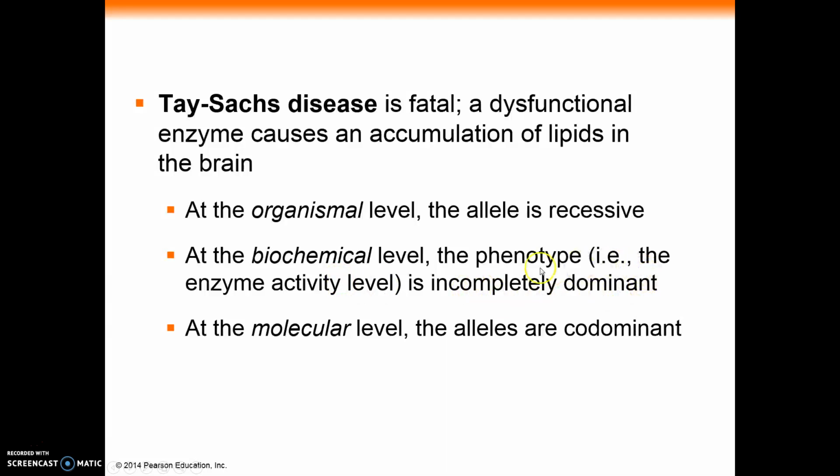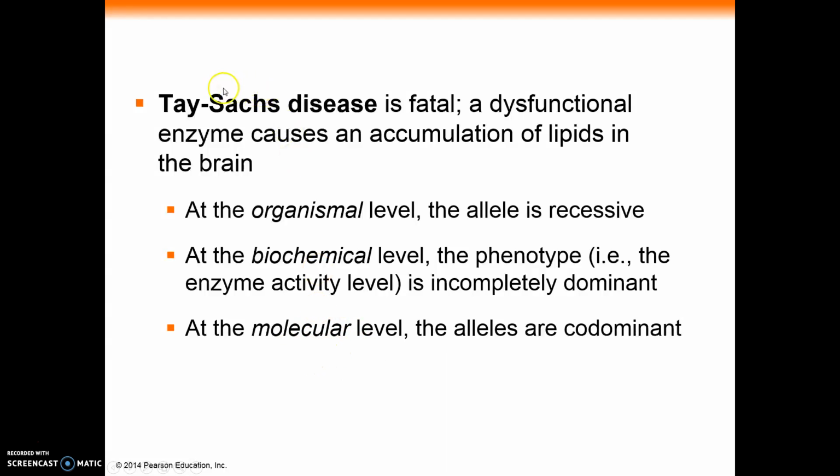So here what we have is incomplete dominance. We have a non-functional version of the enzyme. It is still there. We have a functional version, and it is breaking down lipids, but it is not complete.